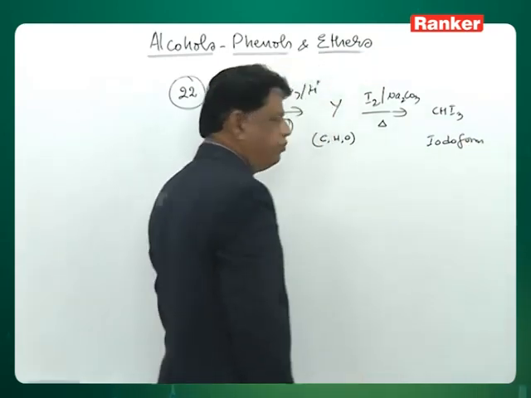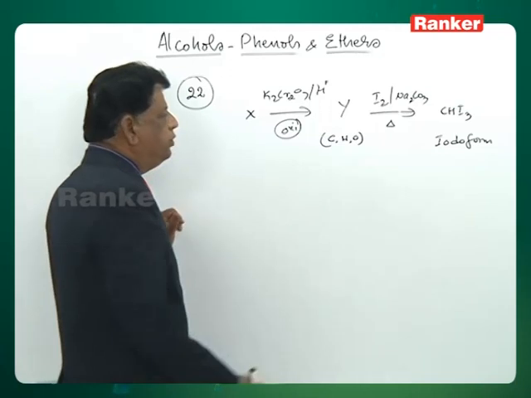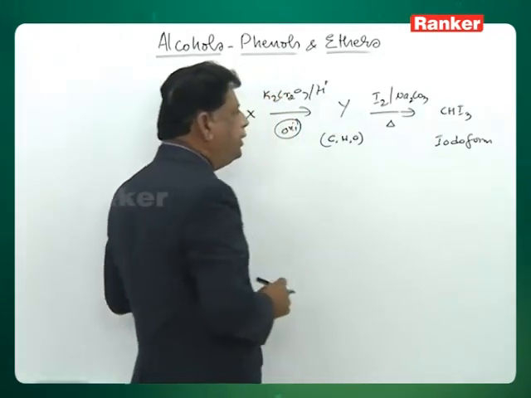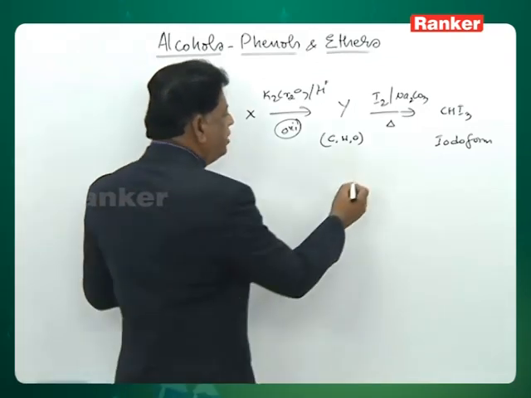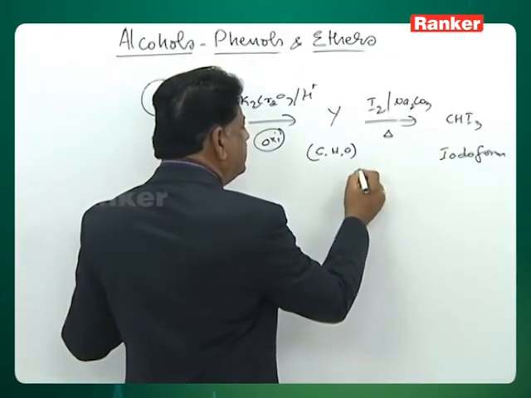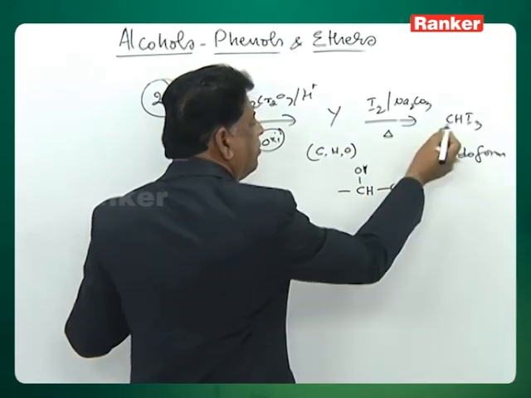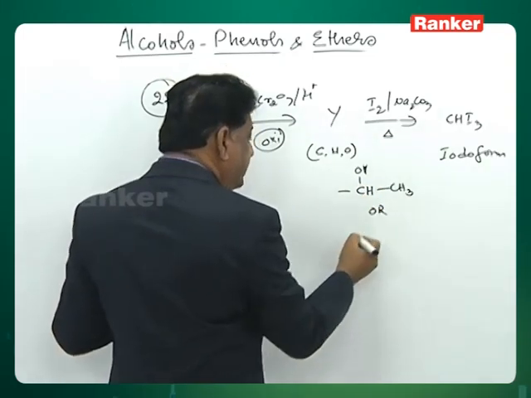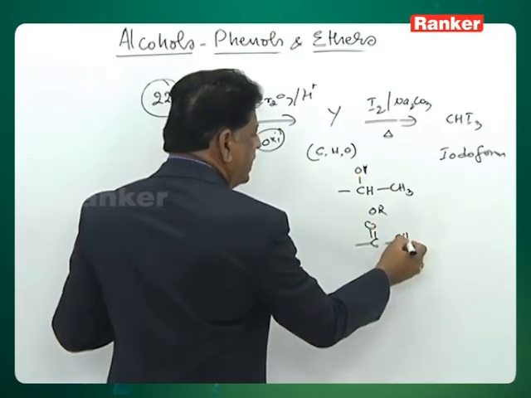Iodoform is formed from this compound Y. So what is this X? To get iodoform, only two types of compounds will give it. In the case of alcohols, the alcohol must have this type of function, then only you will get iodoform. Or if it is a carbonyl compound, it must have this type of function.